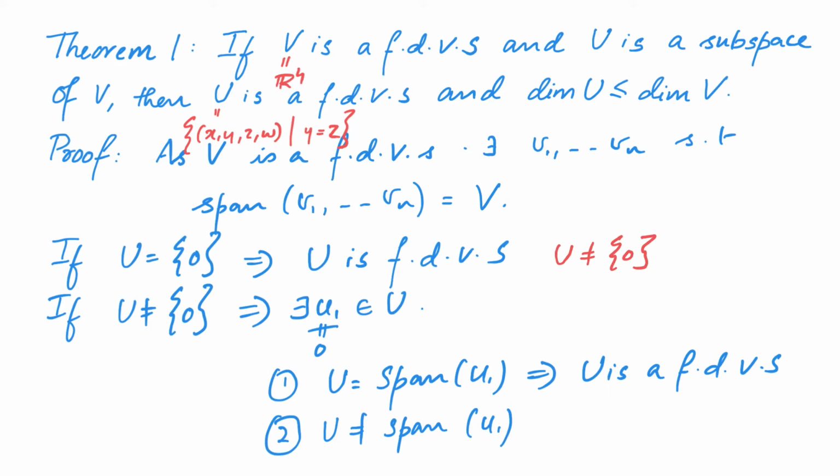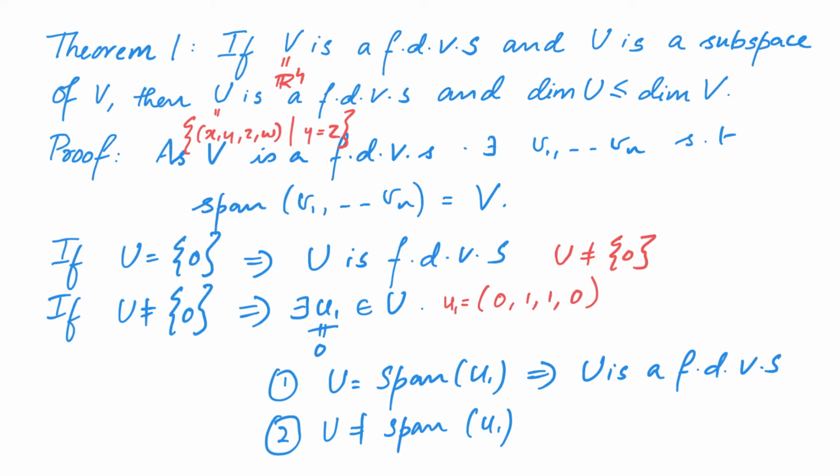What is an example of a vector in the subspace? You can take, for instance, (0, 1, 1, 0). This belongs to the subspace U because the second coordinate is equal to the third coordinate. Let us call that vector u1.